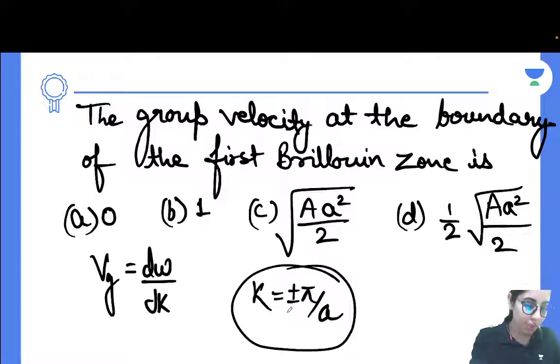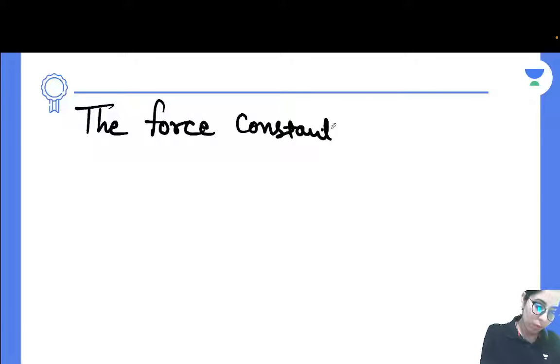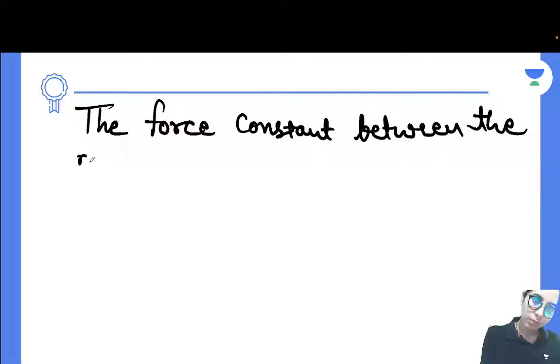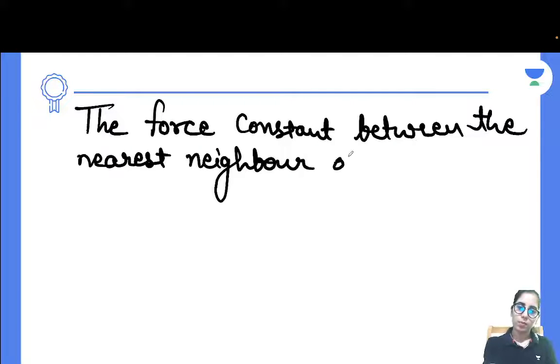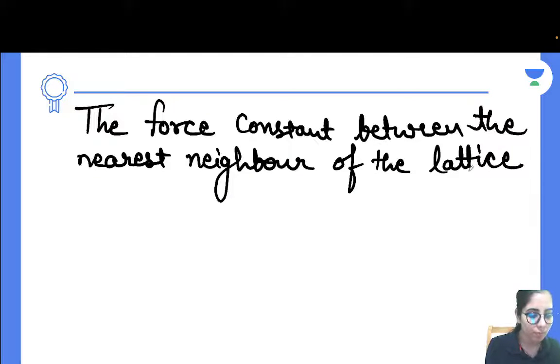Let's take the second part of the same question. So the second part says: the force constant between the nearest neighbor of the lattice is, where capital M is the mass of the atom.